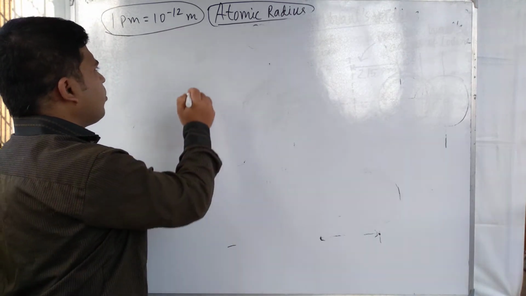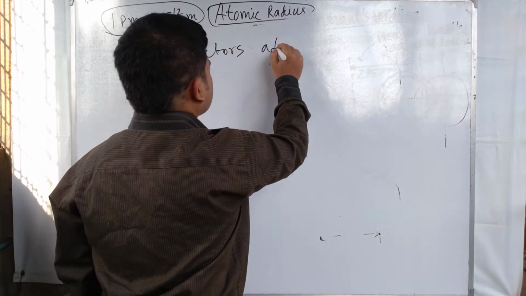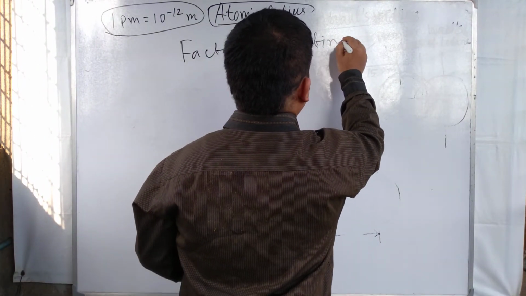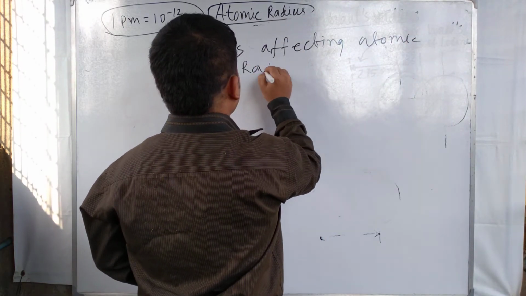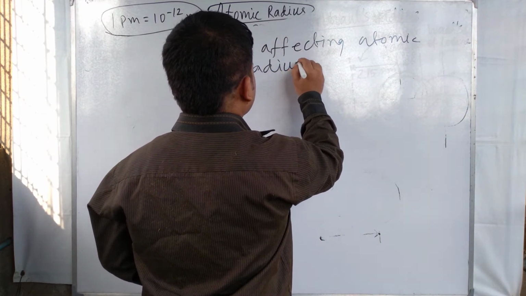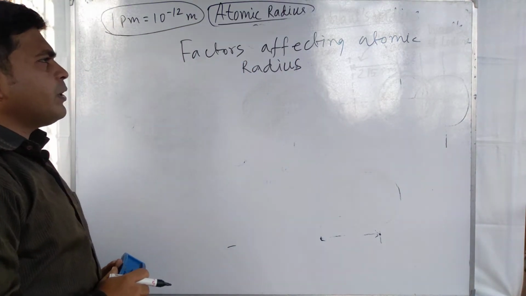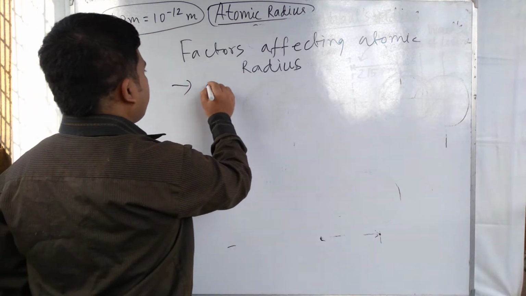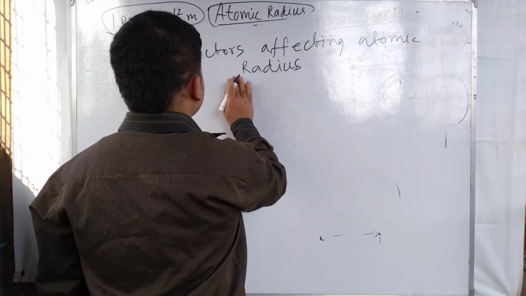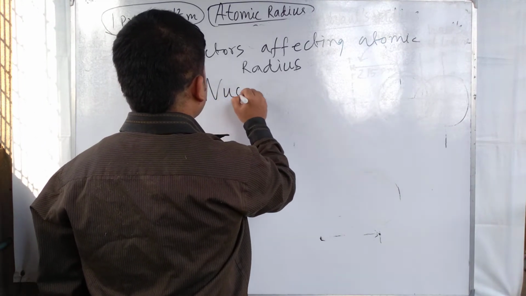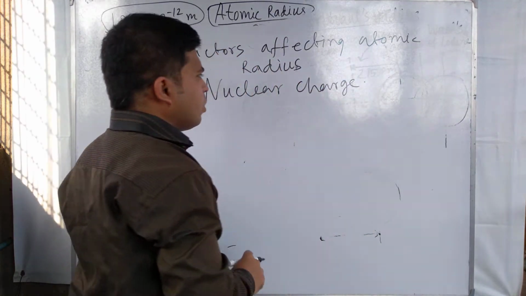Now the discussion is about factors affecting atomic radius. Which factors are affecting the atomic radius? Number one factor is nuclear charge.